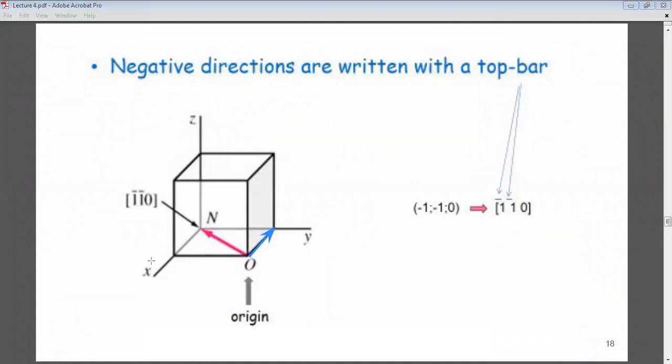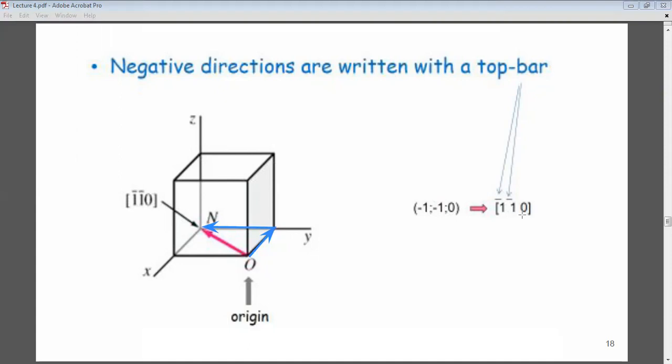This is the x-axis over here. This is parallel to the x-axis. Then I go -1 along the y-axis, and then I stop. All right, so this is the y-axis in this direction, but I go one step in the opposite direction. So I am at -1, -1, 0. But when we write the crystal direction, we don't say -1, -1, 0. We say 1 bar, 1 bar, 0.